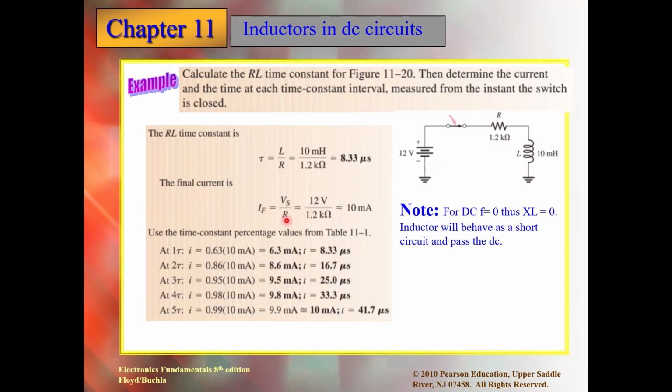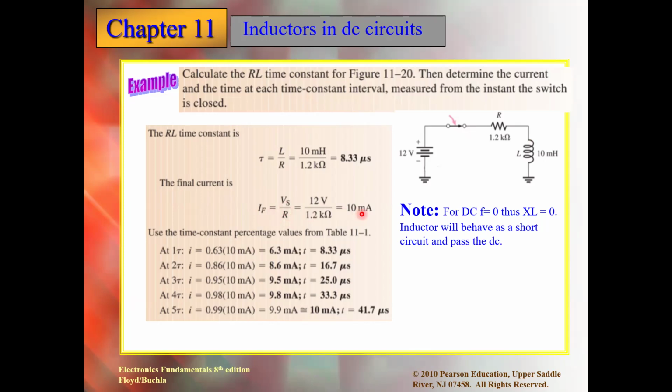The inductive reactance will be zero at that time, because after a long time it becomes fully charged and behaves like a short circuit. So we can simply calculate the final current as Vs over R, and we get 10 milliamperes. Okay, so this is the final current.